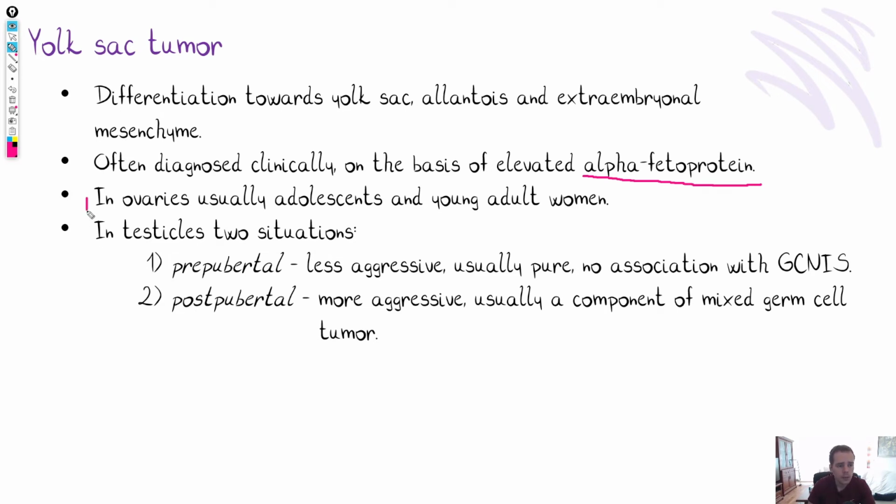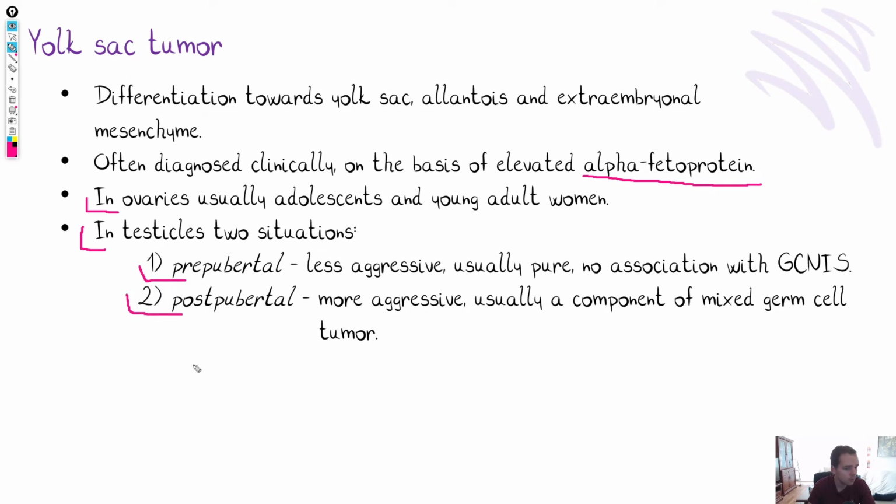In ovaries, it affects usually adolescents and young adult women, but in testicles, the situation is more complicated because yolk sac tumor in testicles comes in two settings, as prepubertal and postpubertal.